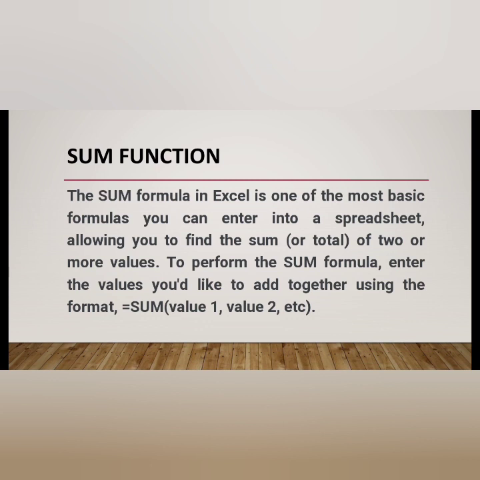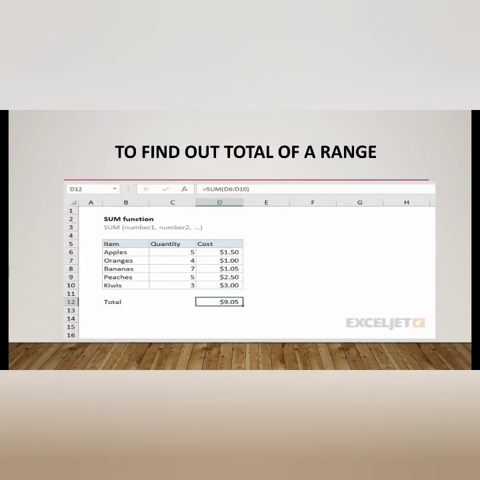Now, this is the syntax of the sum function. If we want to add a few values, we have to write in this way. Here in this example, we have to find the total of a particular range. Here the range is starting from D6 to D10.